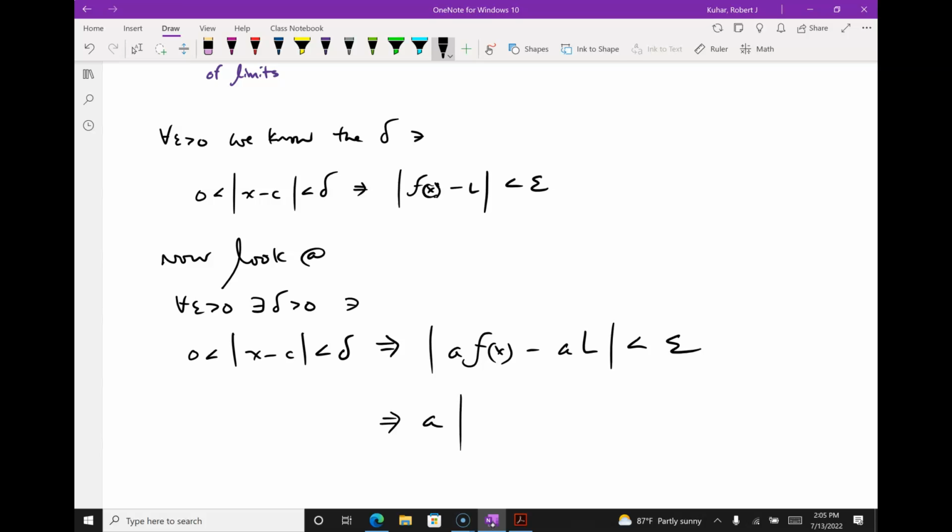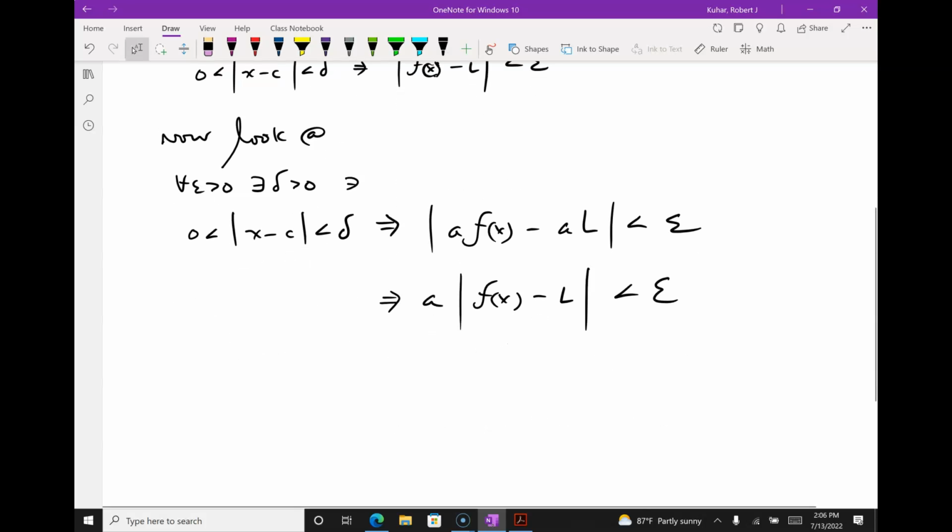If it's positive, no worries. There are 3 cases I have to worry about. What I'm actually showing here is that the absolute value of f of x minus L is less than epsilon over A. 3 cases of A: positive, 0, or negative.